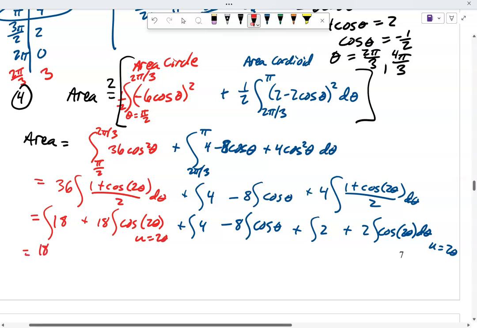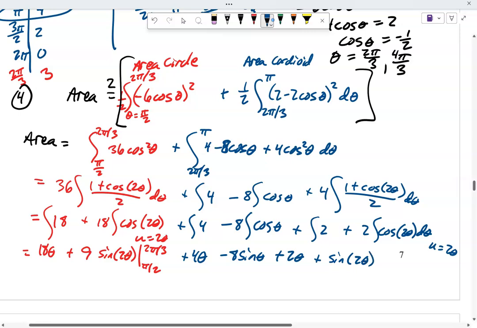So I get 18 pi halves, so 2 pi thirds. And then pi, I would combine those right there.